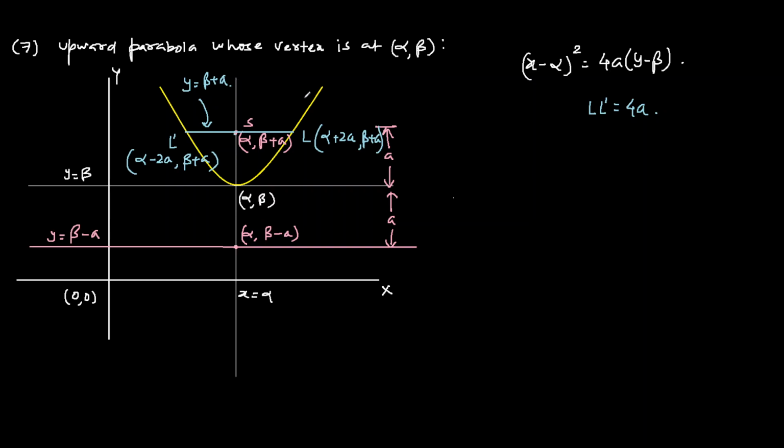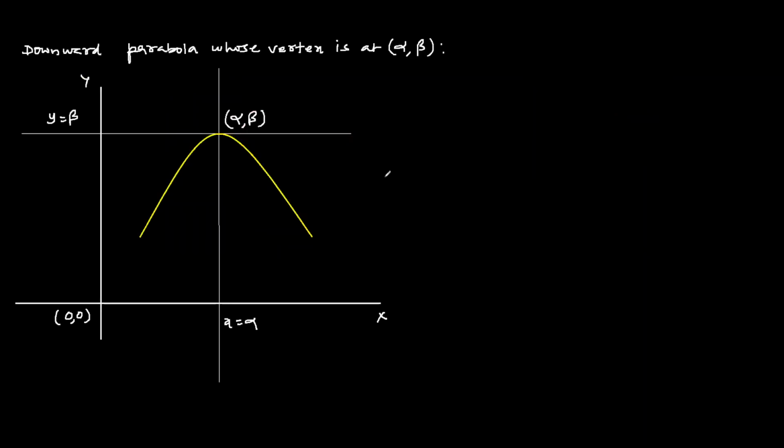Now let's see the downward parabola whose vertex is at alpha comma beta. This parabola is symmetrical about this line which is parallel to the y-axis. So the equation of the principal axis is x equal to alpha.